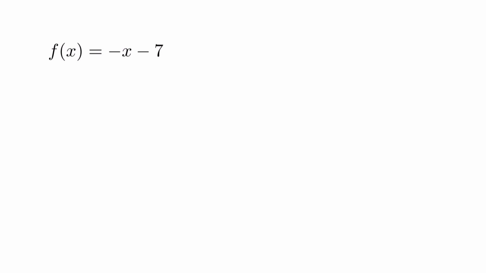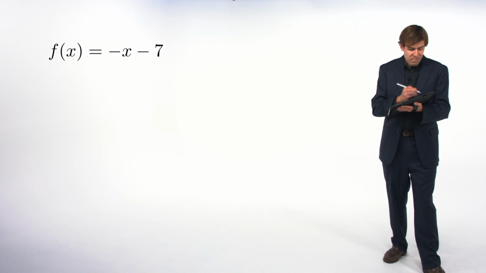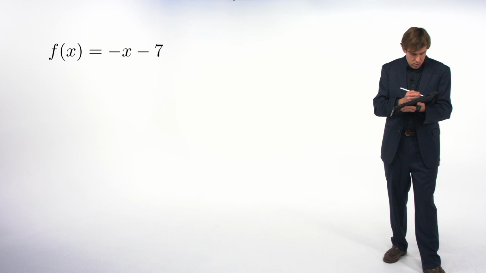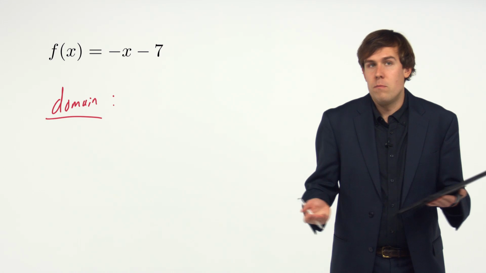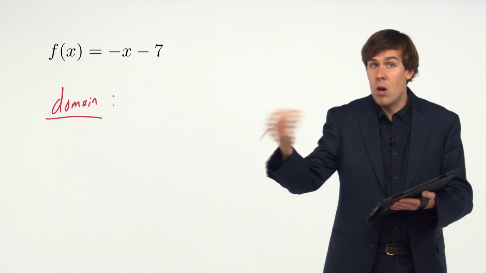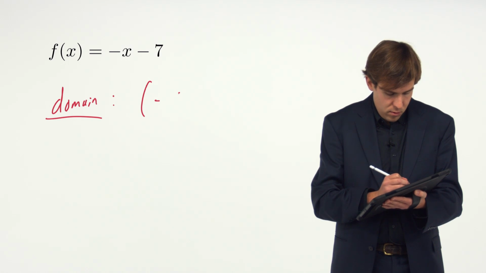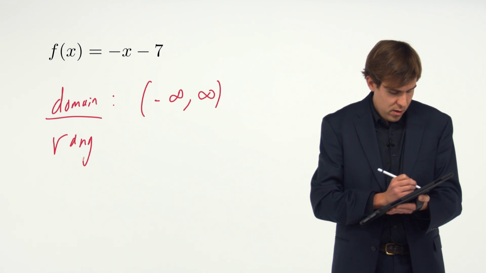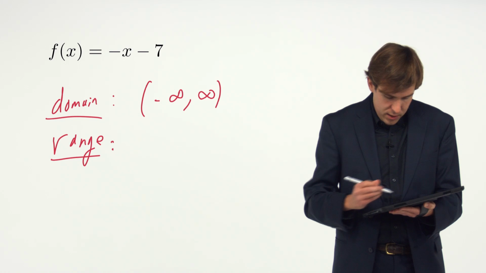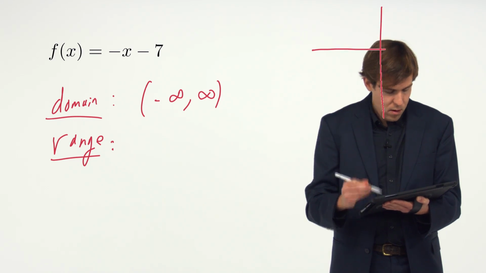Okay, here's another one. So what's the domain? Well, it's a polynomial, order 1. So all real numbers. How about the range? Well, we can plot this thing and see what's going on.